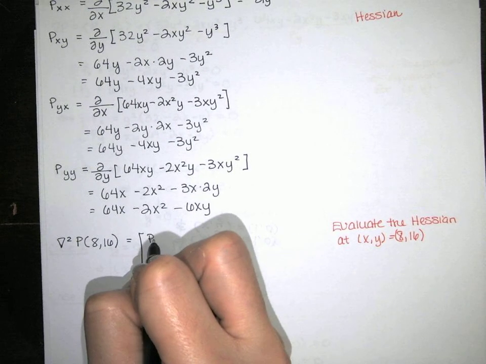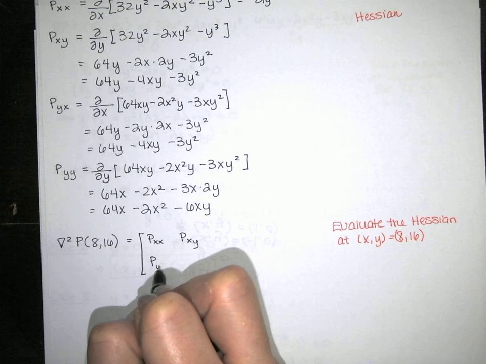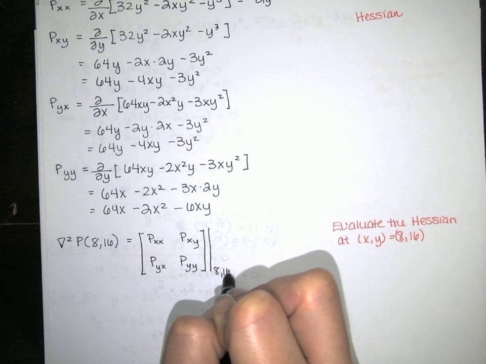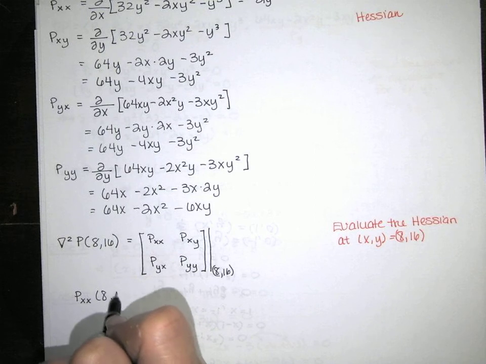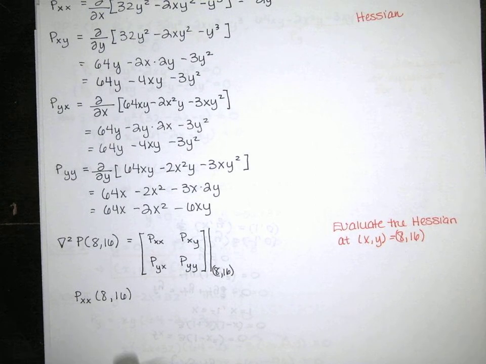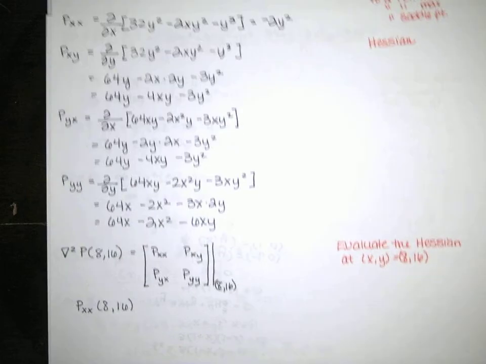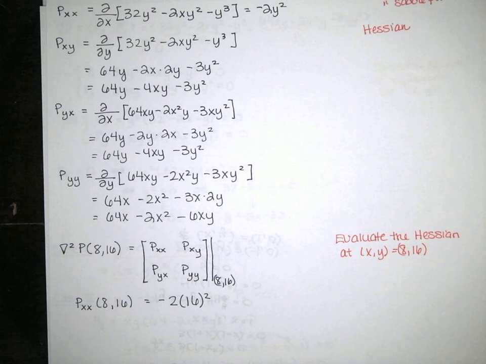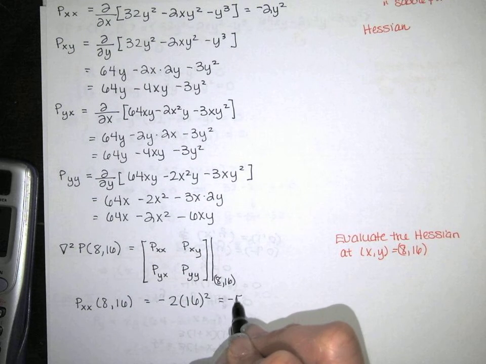Actually, I'm just going to write this for right now. And let's just compute those second partials at the point down here and separately. Okay, second partial of p with respect to x was negative 2y squared. So I have negative 2 times 16 squared this time. And I'll use a calculator for my arithmetic. So I have negative 512.